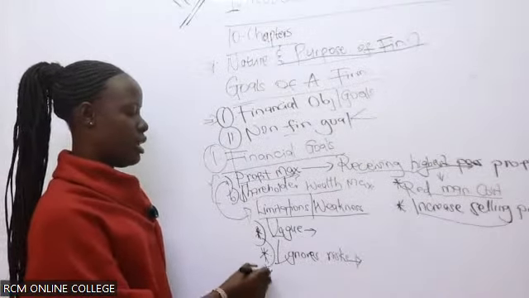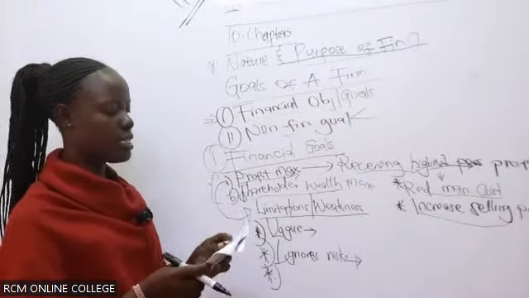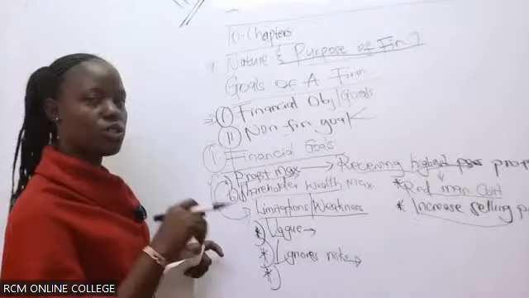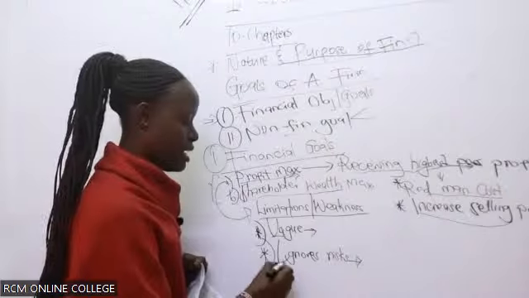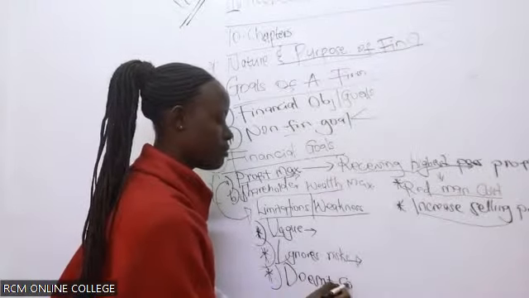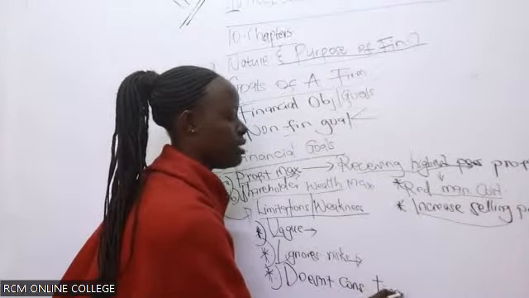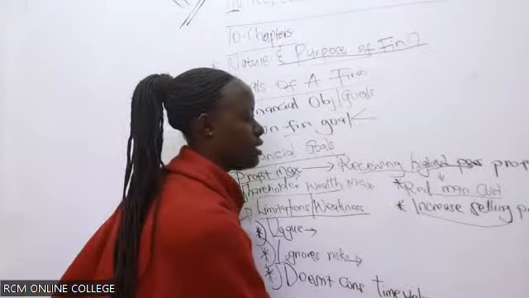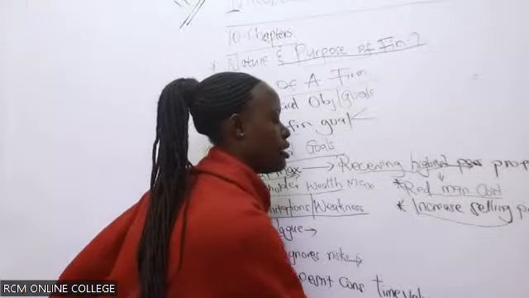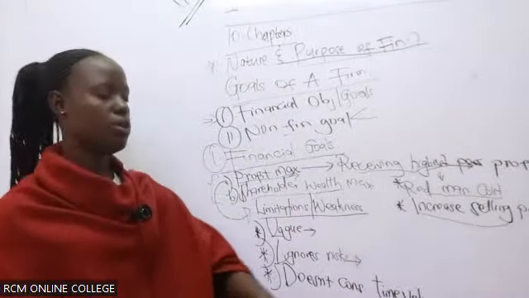The other limitation or weakness, you can say, is that it does not consider the time value of money. As we said prior, money loses value over time.